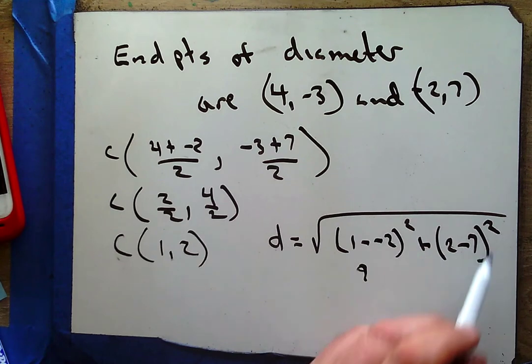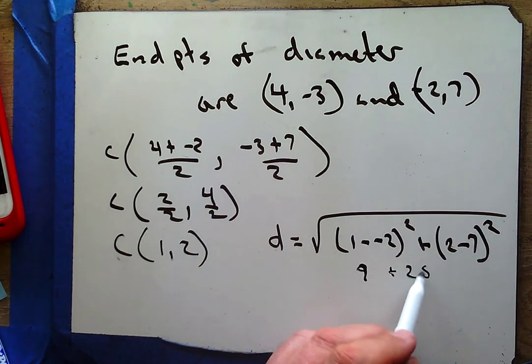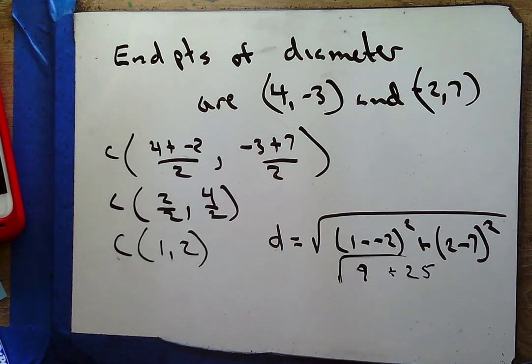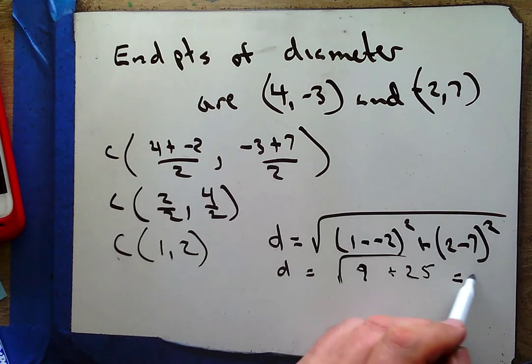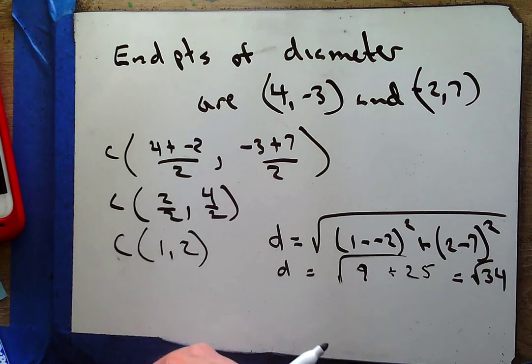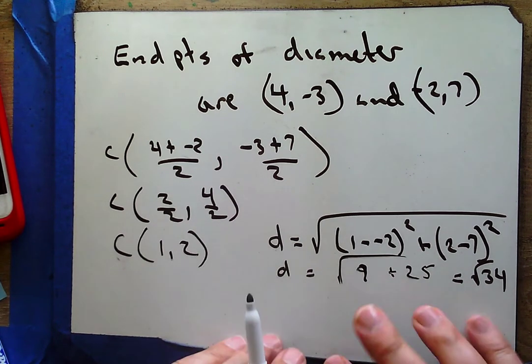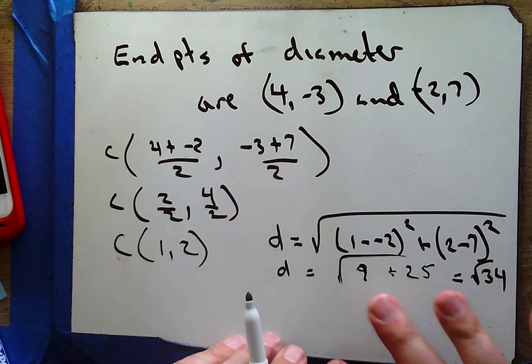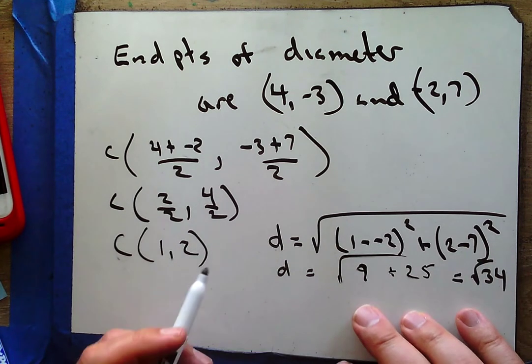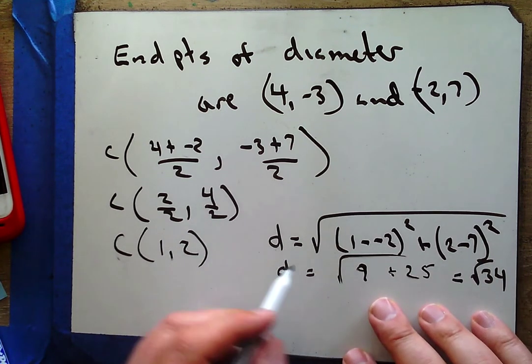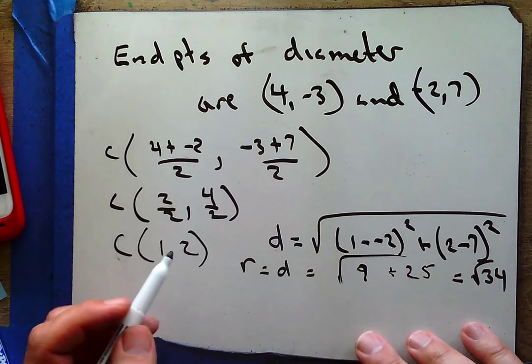That's going to be (-5)², or 25. So that distance is the square root of 34. That's 2 times 17, so that's not going anywhere. And that's the distance between the two points, which is our radius.